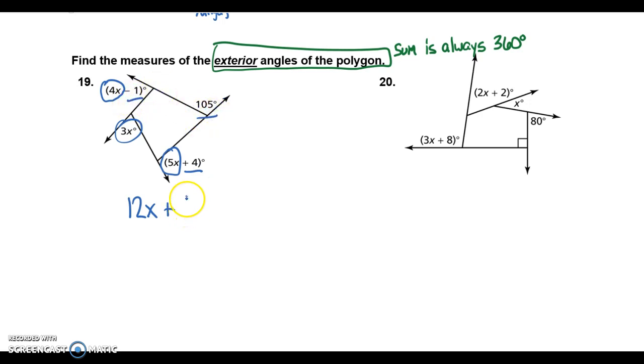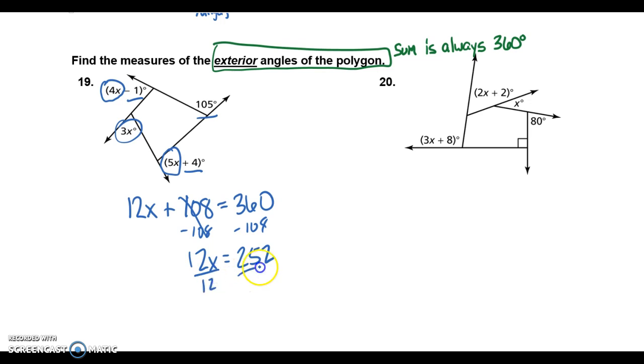So all of that together is 108. And that all is going to total 360. Now we just solve. Minus 108, minus 108, cancel these. 12x equals 252. Use the calculator. Divide by 12, and x equals 21.